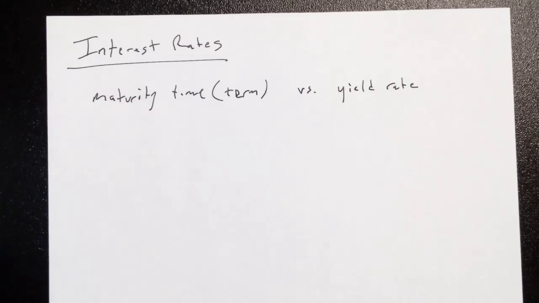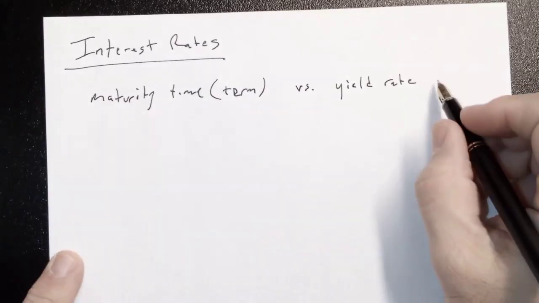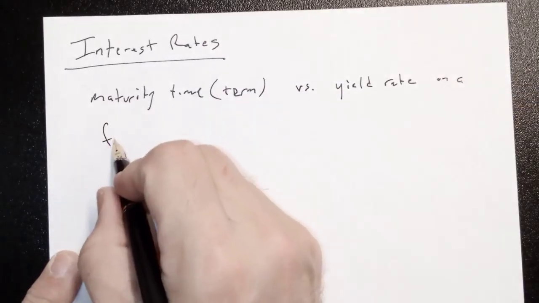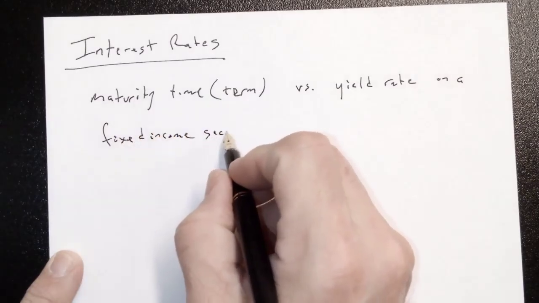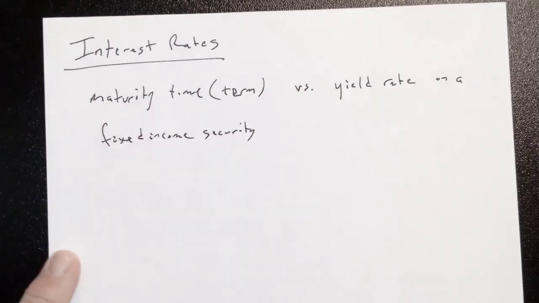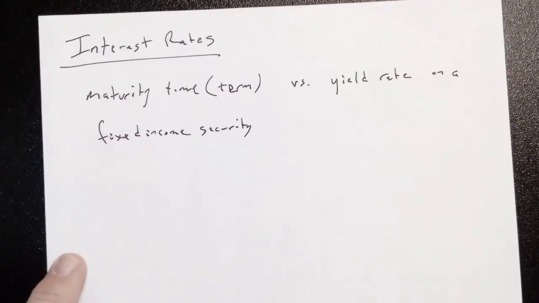For a fixed income security, something like a bond, something like a straightforward annuity, something that gives me the same payment. The relationship here is called the term structure of interest rates.